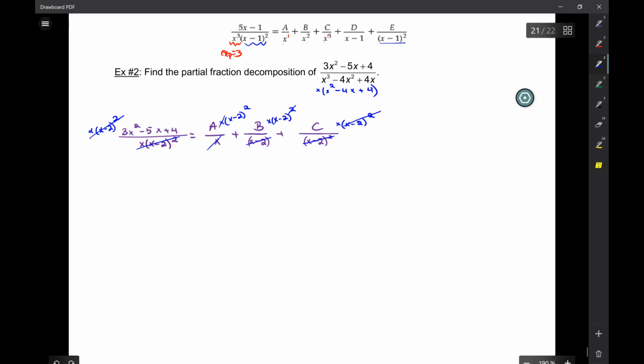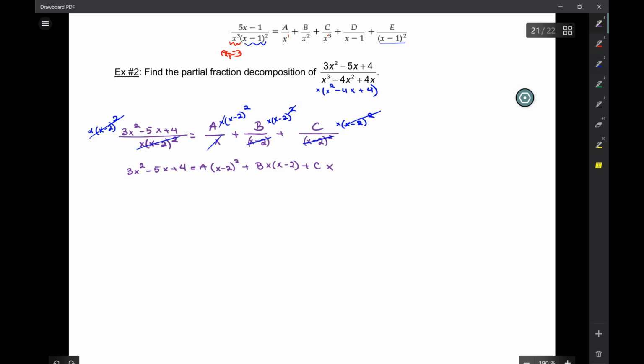Both x minus 2's cancel there. 3x squared minus 5x plus 4. Best advice I could give you here is be neat, ordered and organized so that you don't lose track of these terms. Here I have A times x minus 2 squared, B times x minus 2, C times x.